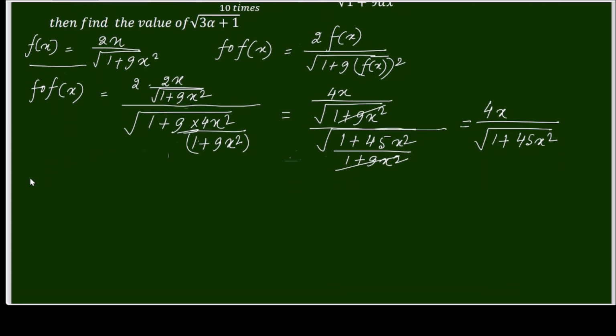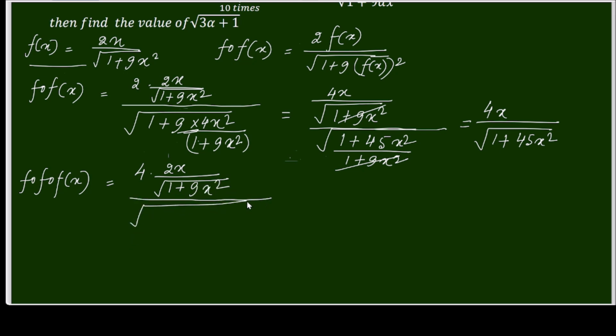Now coming to f of f of f of x, it equals 4 times 2x into square root of 1 plus 9x squared over square root of 1 plus 45x squared, plus 4 times 4x squared over 1 plus 9x squared.